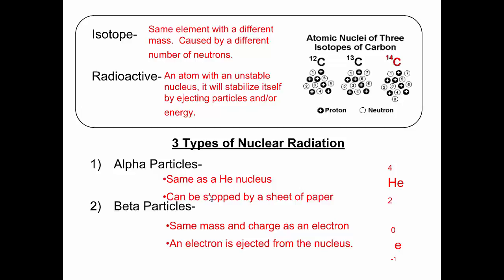Beta particles can be blocked by a sheet of aluminum. To symbolize a beta particle, we just write E for electron. What about the mass of an electron? What did we say? Basically nothing. So that's the 0. And its charge is -1.